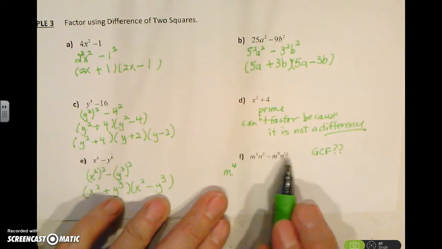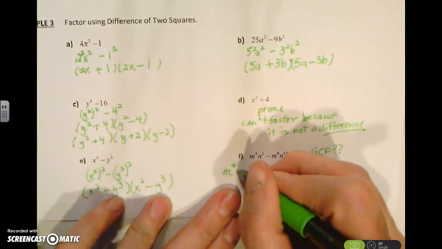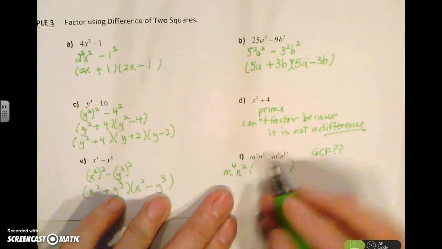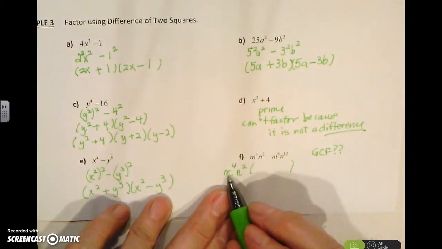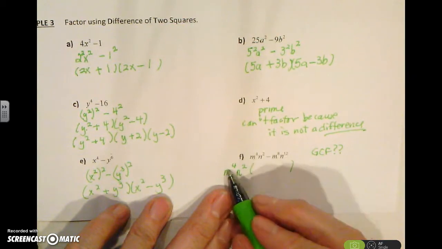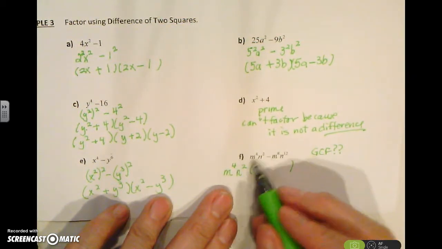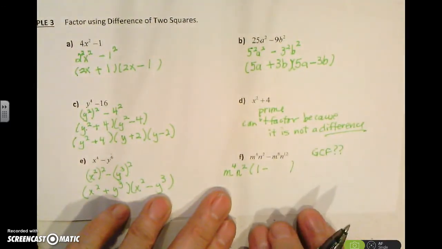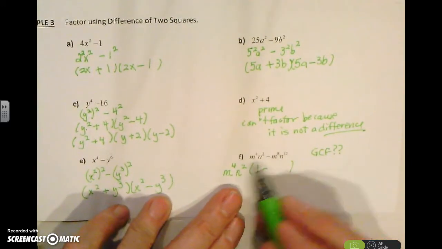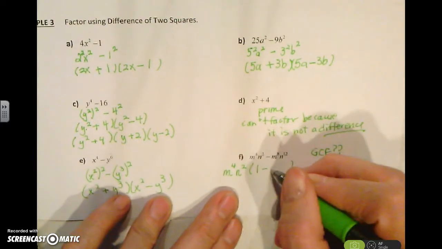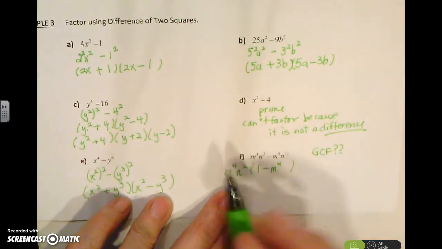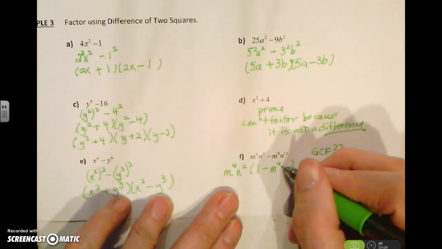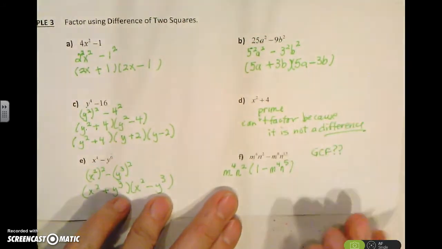And then, oh, I noticed that there's N's in both of them too. So there's 2 N's in both of them. So I am going to take out that GCF, M to the 4th, N squared. So dividing, that's going to give me a 1 minus, and then dividing here, 8 minus 4, that's going to give me M to the 4th, and then N to the 12th over N to the 2nd is going to be N to the 5th.